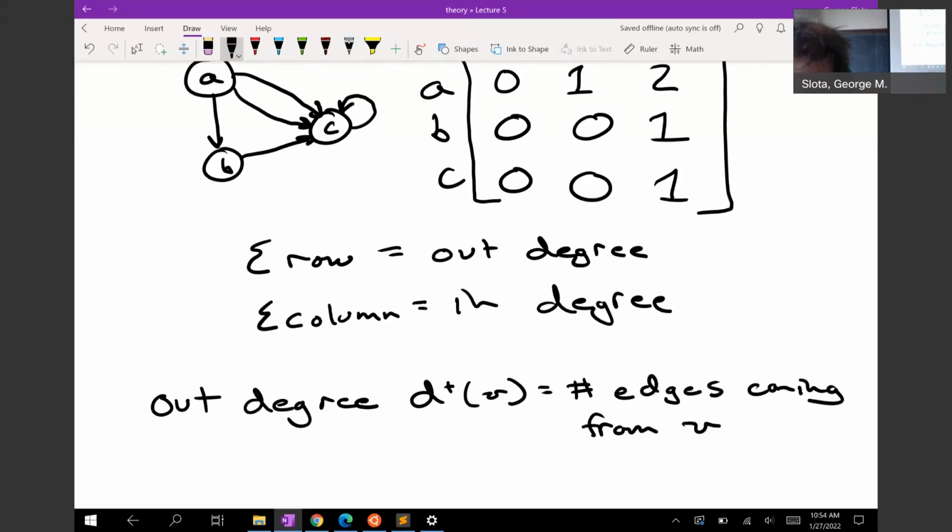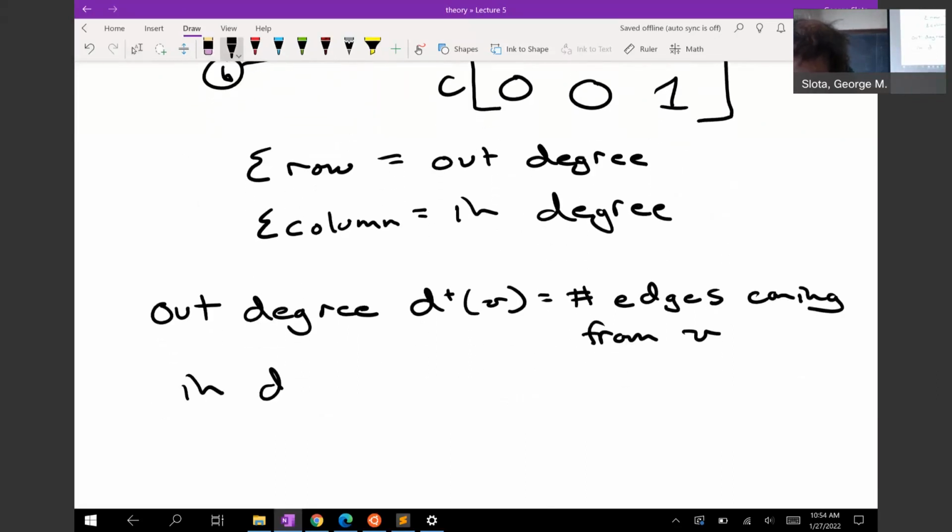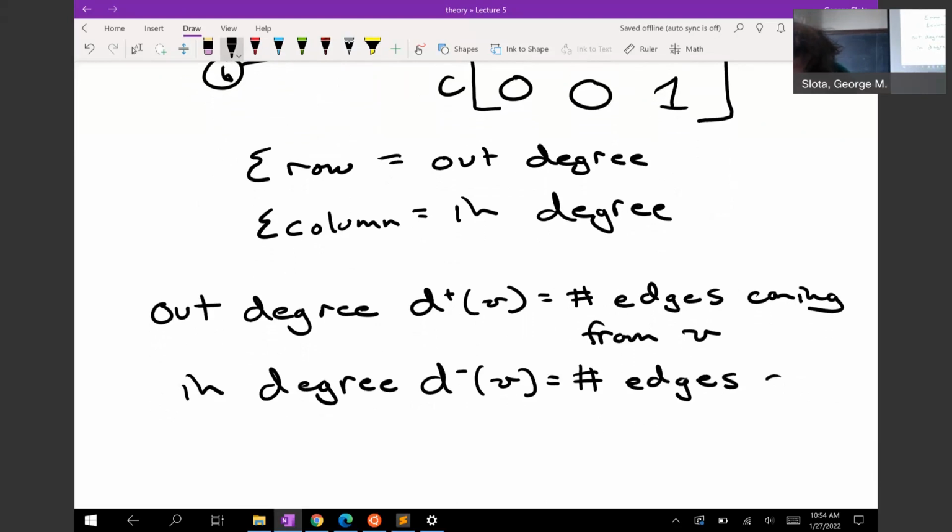The in degree, similarly, is the number of edges going into v when we're considering the directionality.